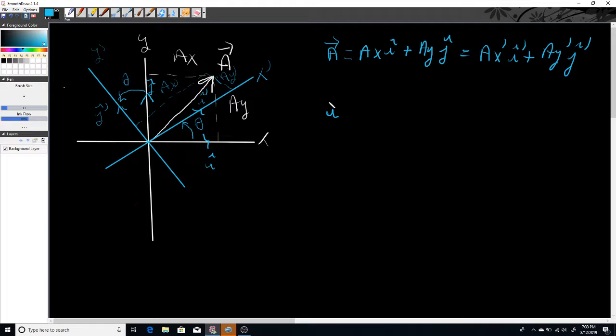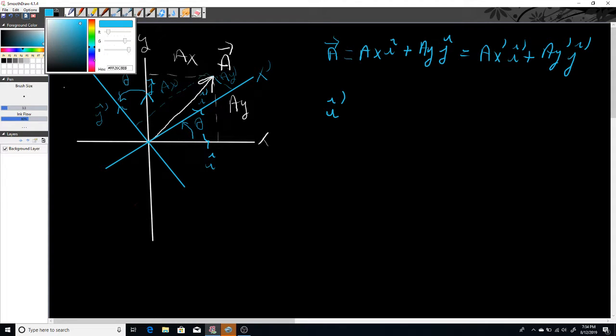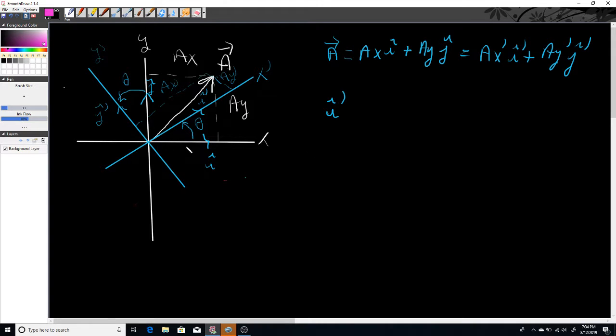So if we wanted to find out what i prime is, which is the vector here along the x prime coordinate, you can see that this is a vector that has two components on its own. Maybe I'll use a different color just to highlight them more clearly. This i prime unit vector has an x and a y component.